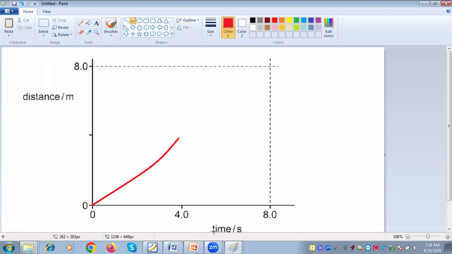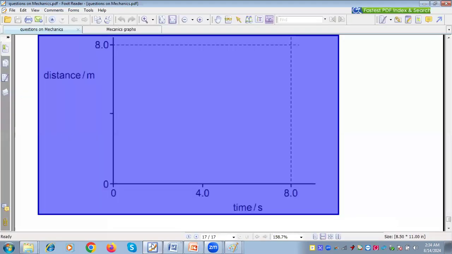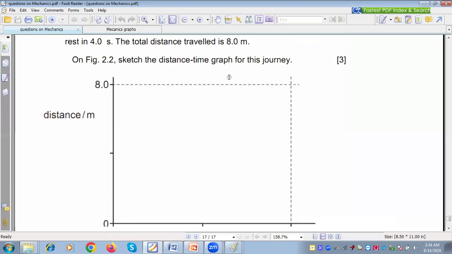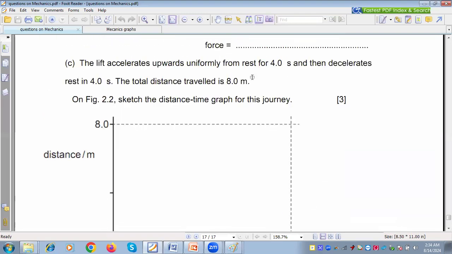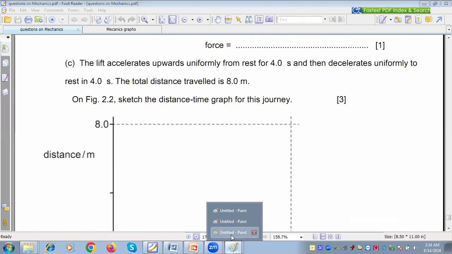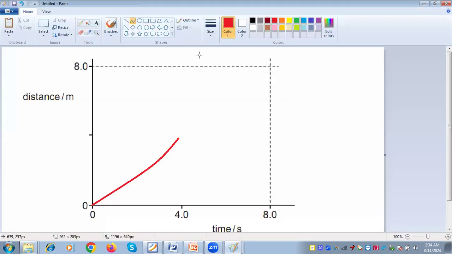Then what was the question? Decelerates uniformly in 4 seconds. Further 4 seconds, it decelerates uniformly.